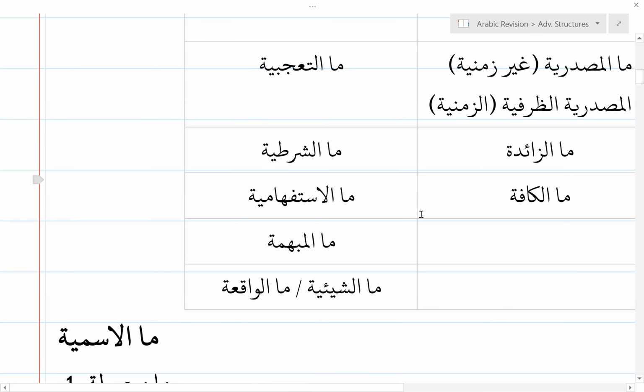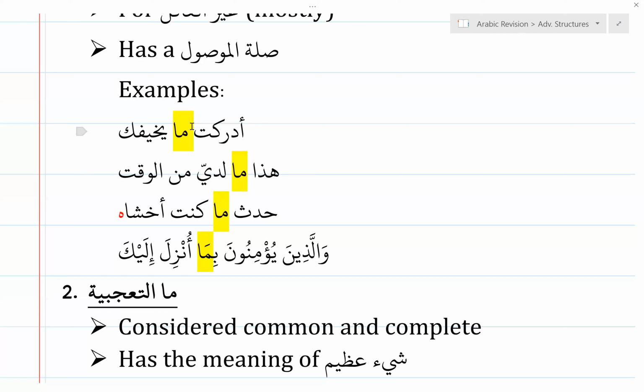So I realized, or I came to know, what scares you. Ma yukhfik, what scares you. Akhfa yukhfi. So I have come to know the thing that scares you. If I replace this with alladhi, adraktu alladhi yukhfik, I have come to know the thing that scares you. All right? So it's referring to something.